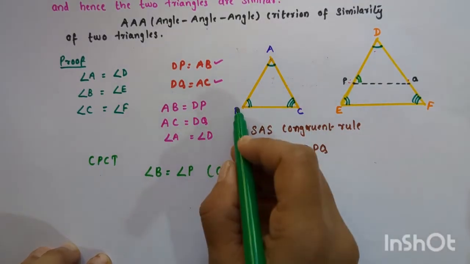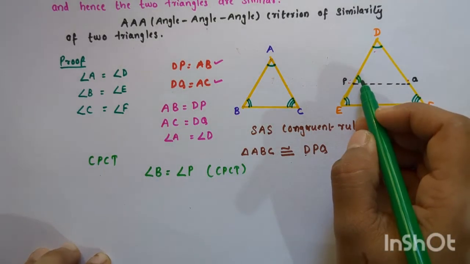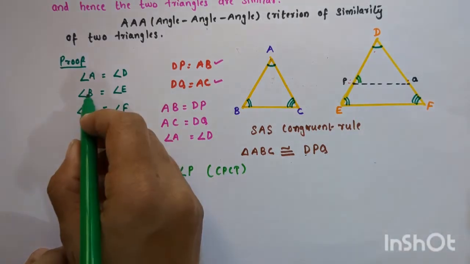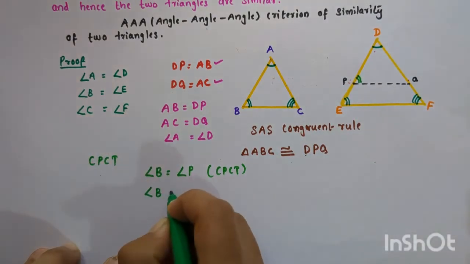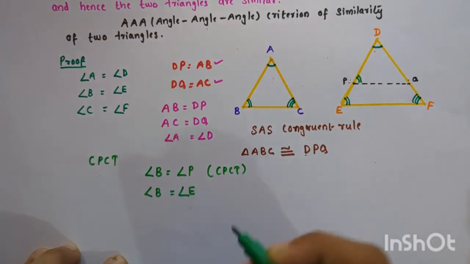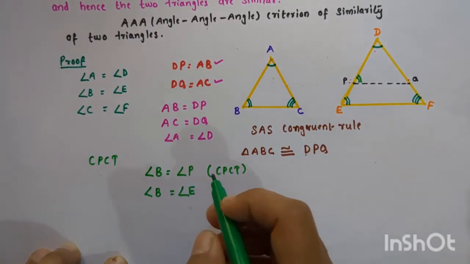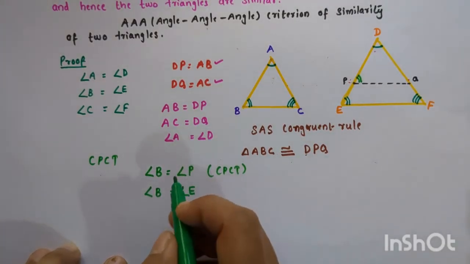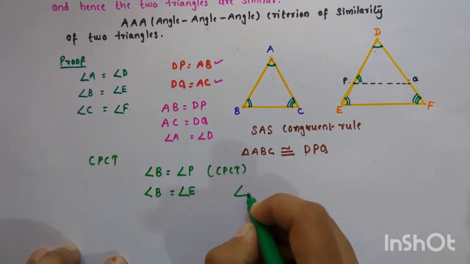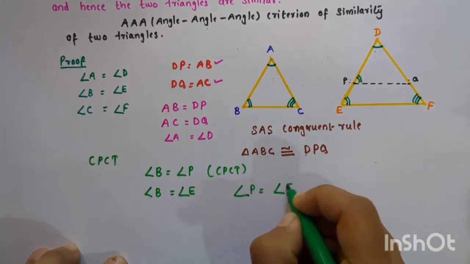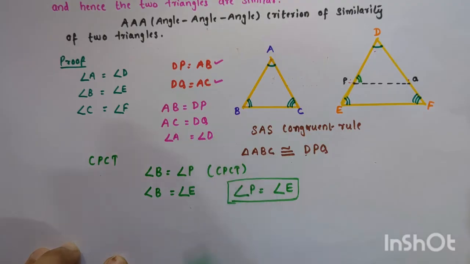So angle B will be equal to angle P. And it is given that angle B is equal to angle E. So by comparing these two, we can write angle P is equal to angle E.